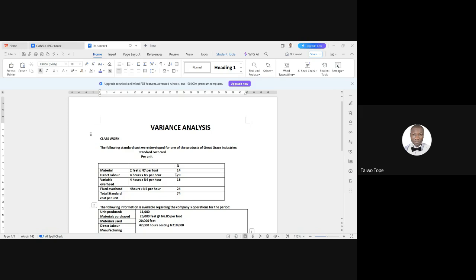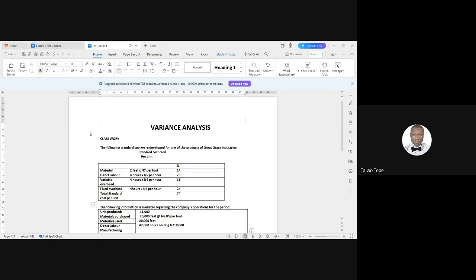Yes, the good name you are trying to build can be easily soiled when you give out bad products to your consumers. They look for substitutes, and overall, your revenue will decline. So these can be some possible causes of material usage variance.